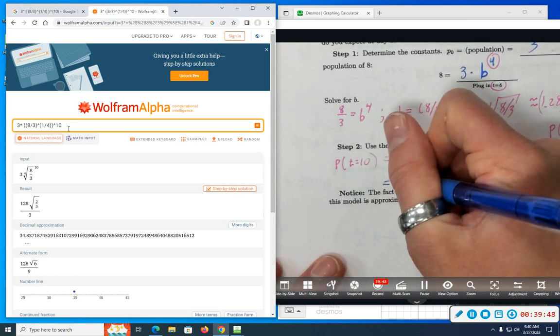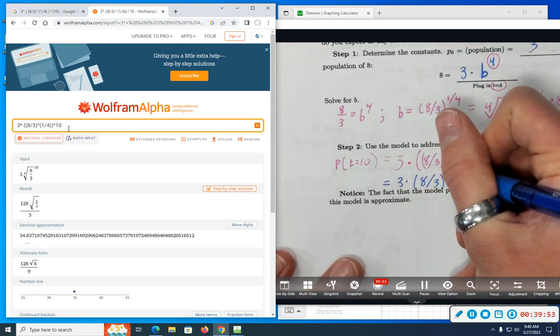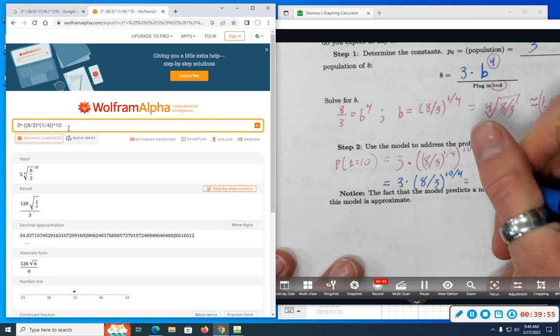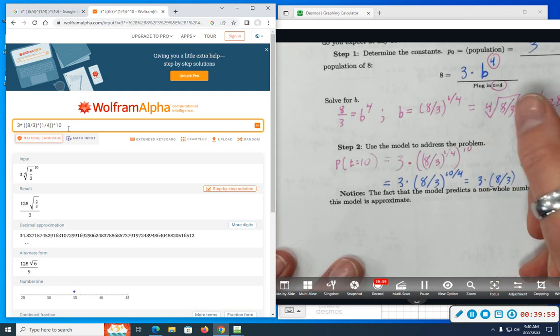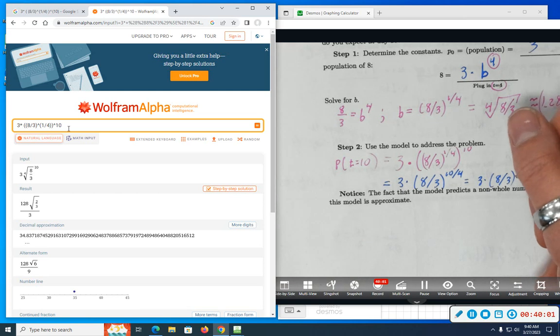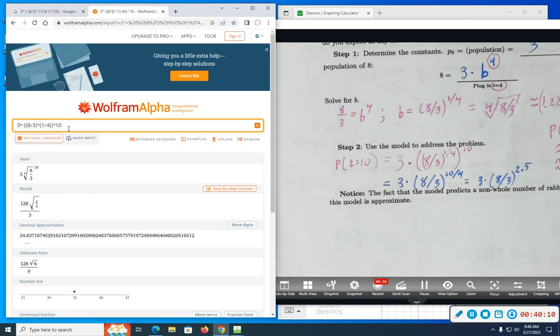So this will be 3 times (8/3)^(10/4), or if you like, 3 times (8/3)^(2/5), or 2.5, I guess, if you prefer. Does that now look like something that's a little bit easier to just plug into a calculator? Yeah. So this is an argument for simplifying, right? If you simplify, you can save yourself effort in a stage which is usually easy, which is just plugging into a machine. Nice.